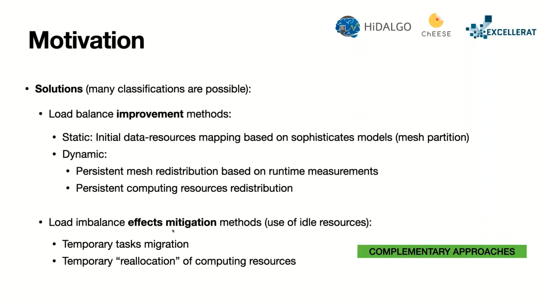If it's something spontaneous due to hardware issues or whatever, then the real solution would be some runtime mechanism that acts instantaneously. So those are more or less the ideas, and it's very interesting that today we will see different strategies, and probably all of them, or most of them, can be combined.